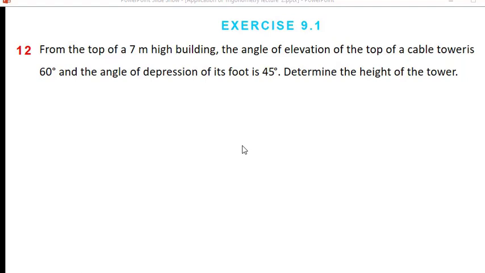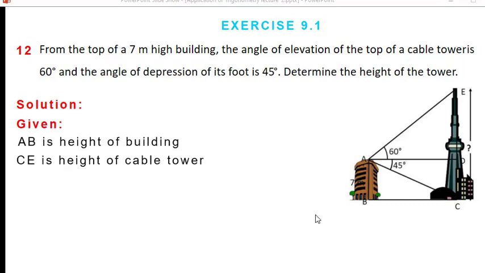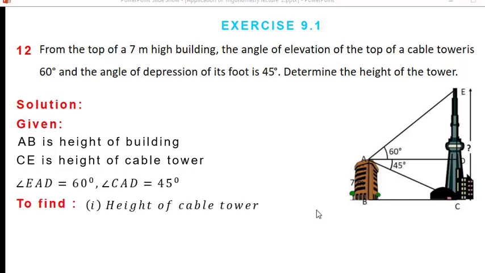So I think the picture is very much clear in your mind. Now you can draw the diagram well. This is how picture should be in your mind. Now you can write what is given. AB is our building, CE is tower, angles of elevation and depression are given, and we have to find the height of cable tower.